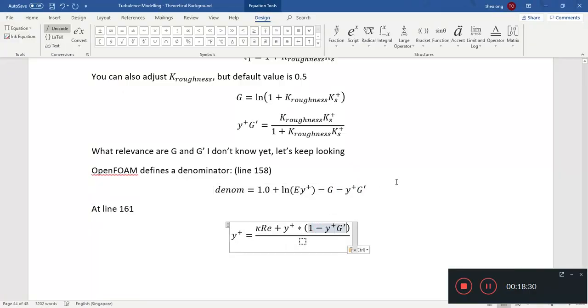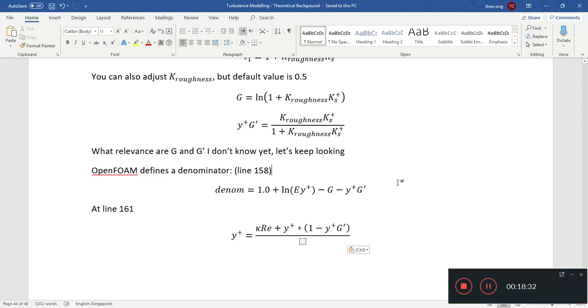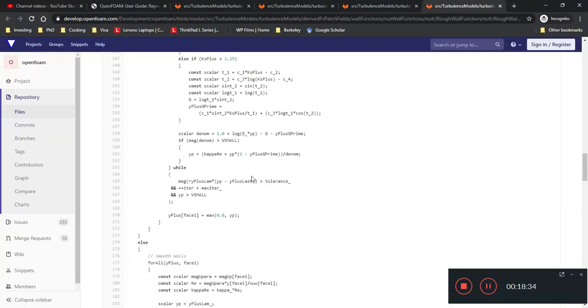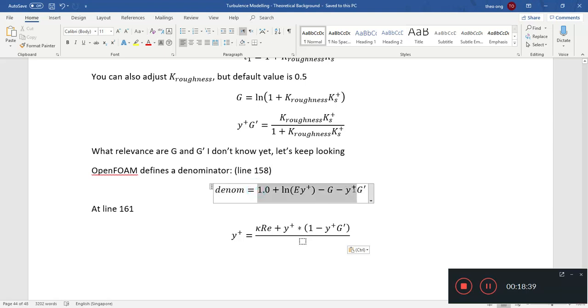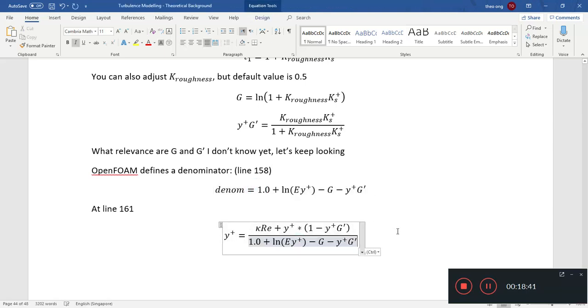It looks really complicated now. And the whole thing is supposed to be divided by this denominator. That's quite a mouthful again, as usual.